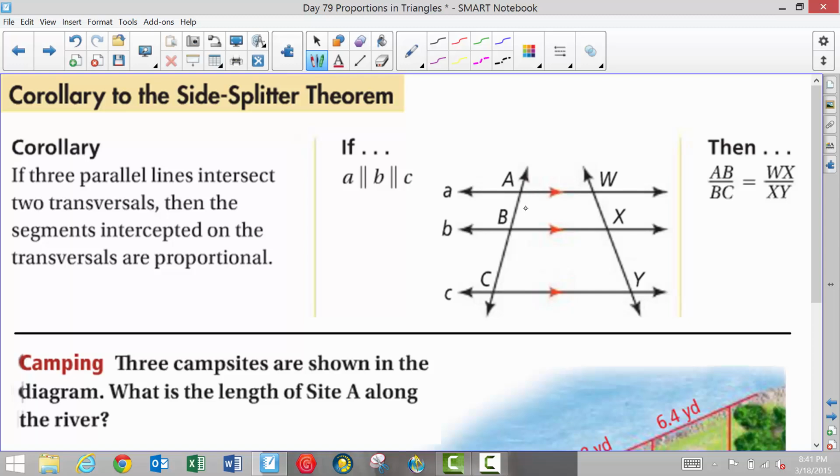So if I have Q, R, S, T, I know that Q over R is going to be the same as S over T. So 3 or more parallel lines crossing 2 transversals.